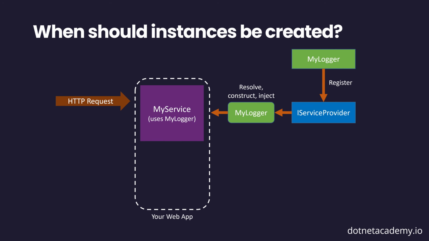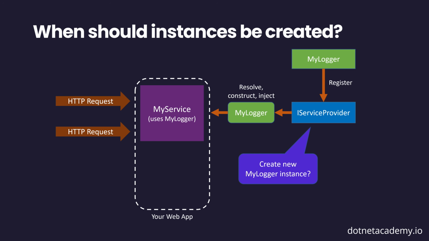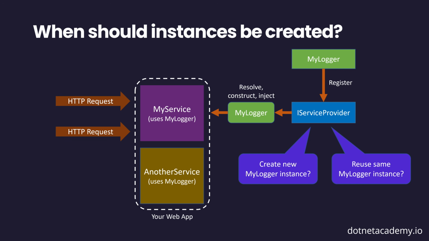What is not clear is what happens when a new request arrives. Should IServiceProvider create a brand new myLogger instance for the new request? Or should it reuse the same instance? What if another service that also has a dependency on myLogger needs to be created in response to a new request? Same myLogger instance or new myLogger instance?